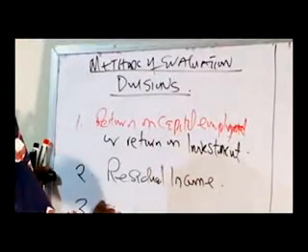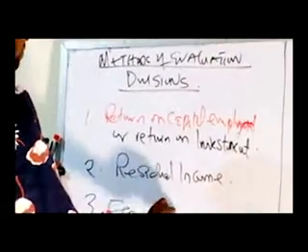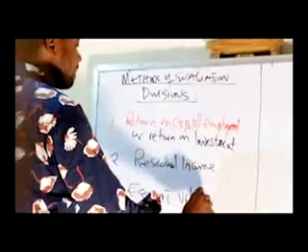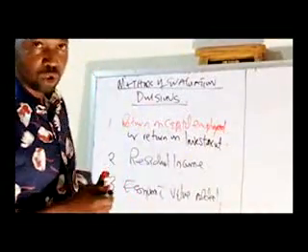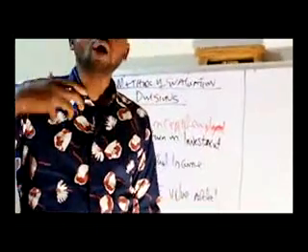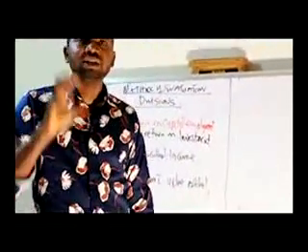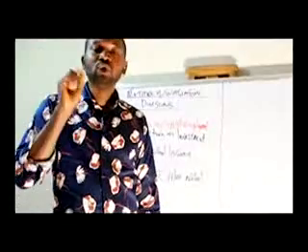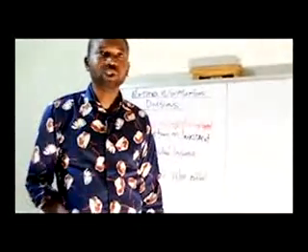The third one is economic value added. So these are the three major methods that are normally used to evaluate the performance of a division.